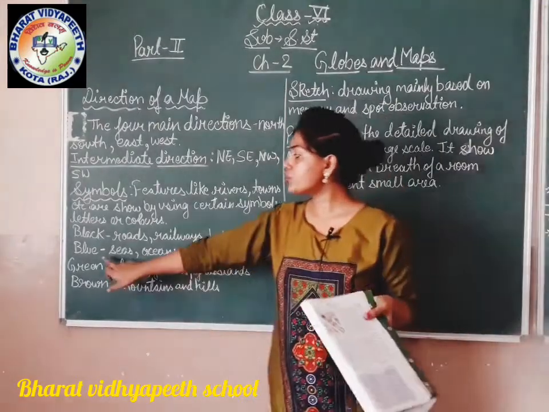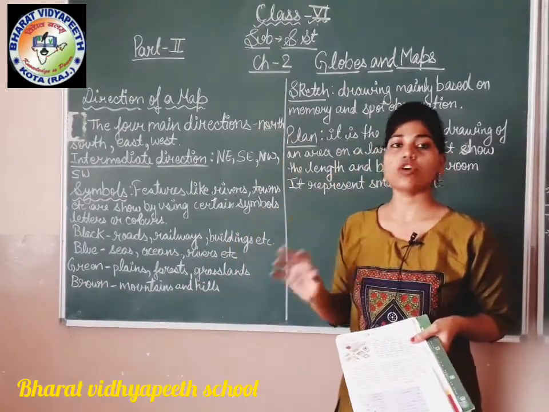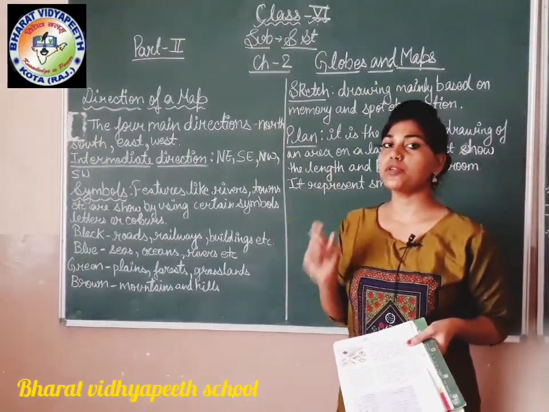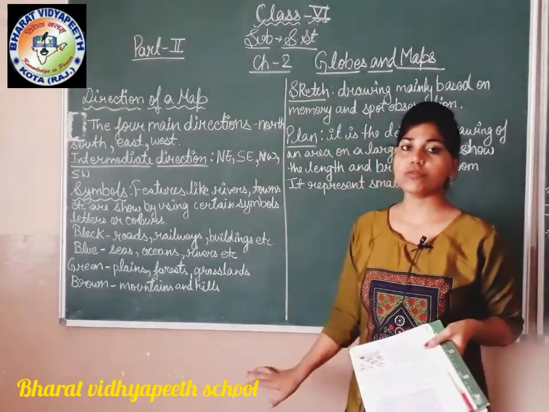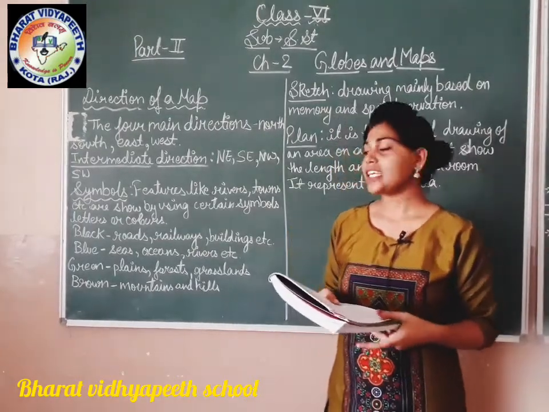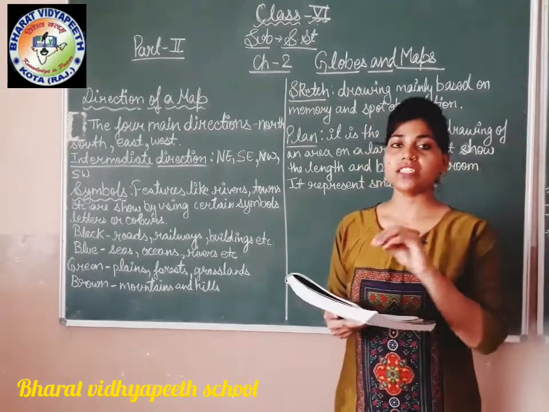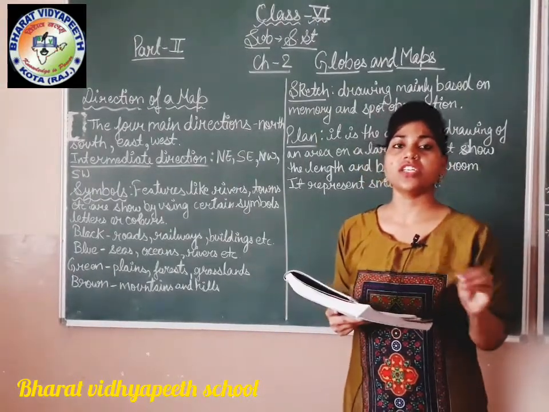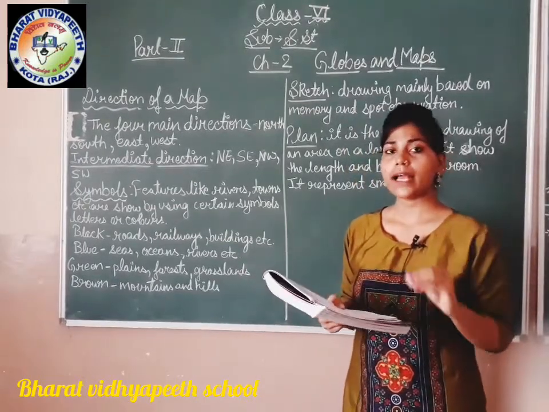After that, blue color is used for representing the sea, ocean, any water bodies on a map. Green color is mostly used to represent forest areas, plains and grassland, so that this area where green color is there represents some type of forest, grassland and plains.